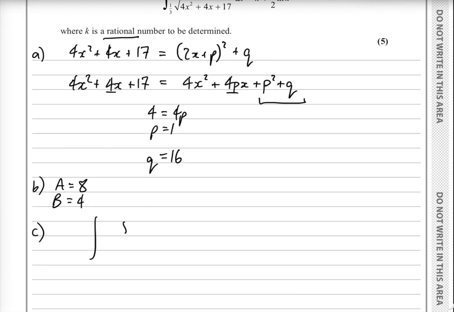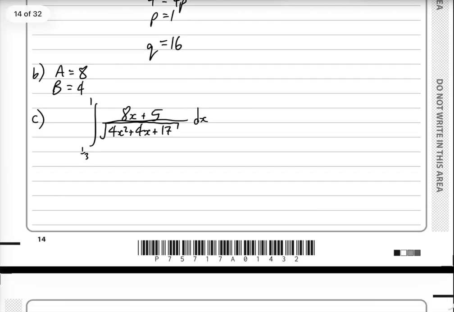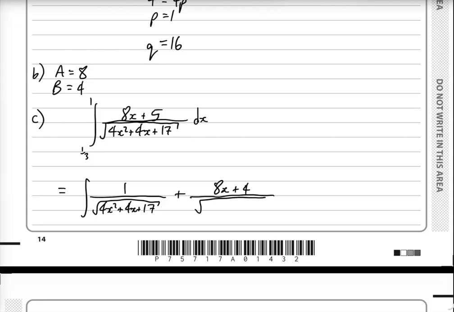So we've got the integral of 8x plus 5 over the square root of 4x squared plus 4x plus 17, from 1/3 to 1. And the first thing we're going to do is split that into 1 over this thing plus 8x plus 4 over this thing.